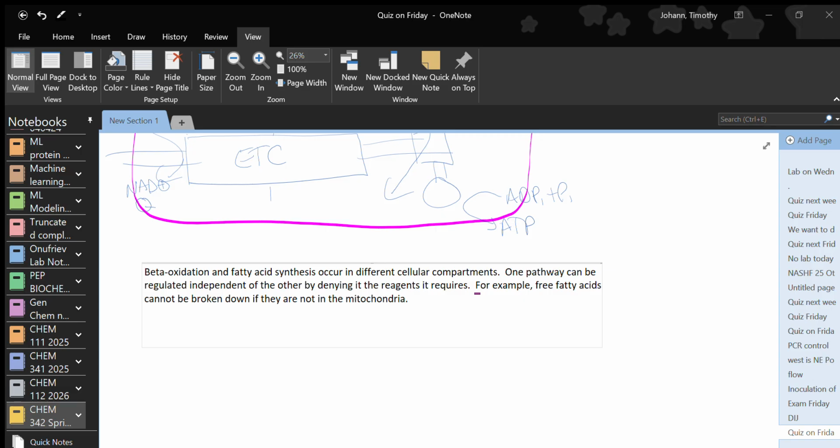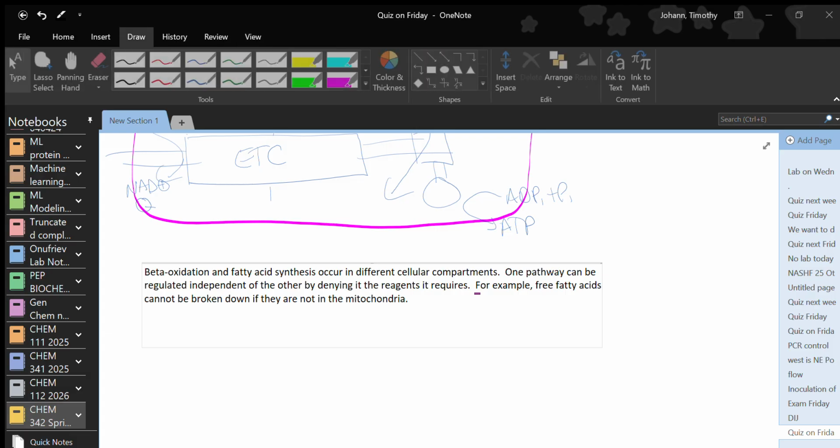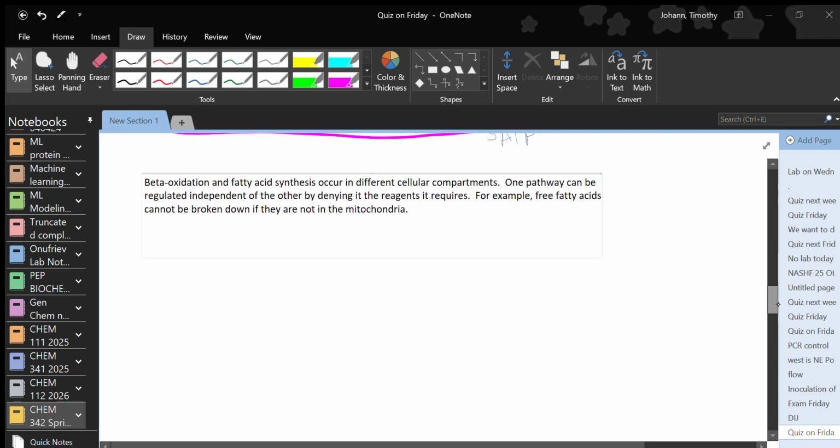Okay, questions? All right, so if you're going to break down fatty acids, you have to prepare them. You have to get them ready. You have to stick them on a CoA and make what's called an acyl-CoA. The first part of that is, if we look at a fatty acid, let's call that our free fatty acid.